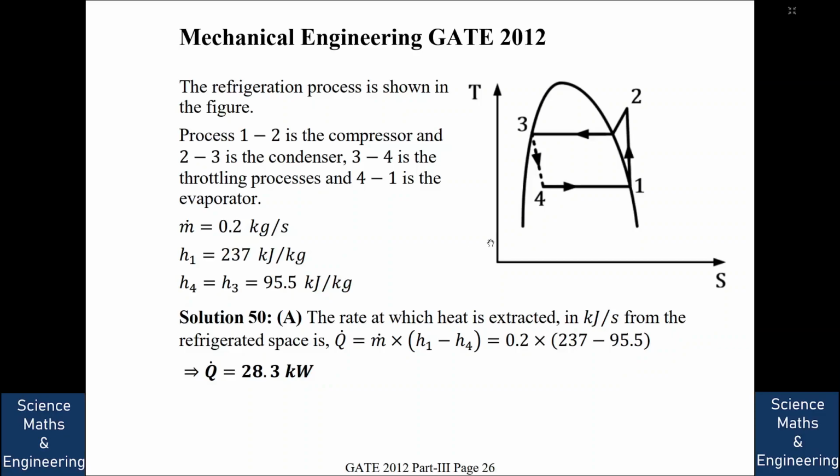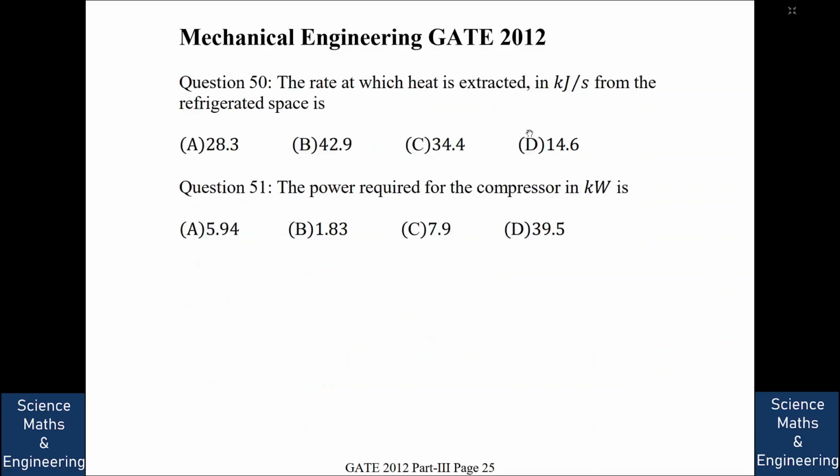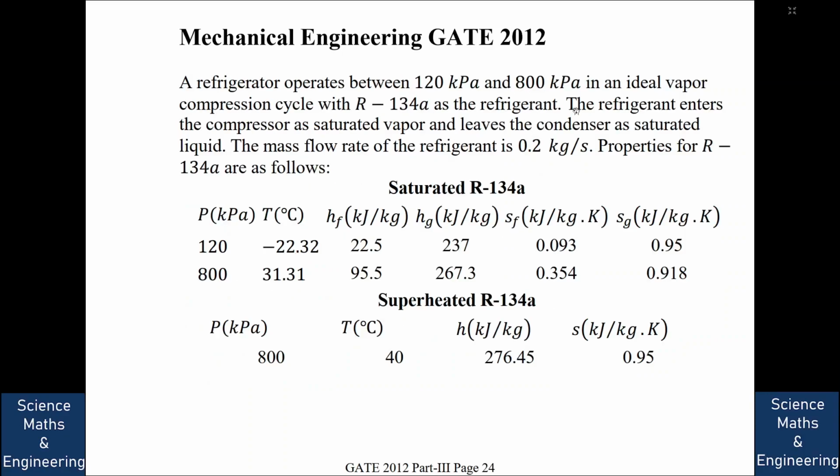Okay. Next, this point 3 is where the refrigerant exits the condenser. What is said is that the refrigerant leaves the condenser as saturated liquid, and that pressure is 800 kilopascal.